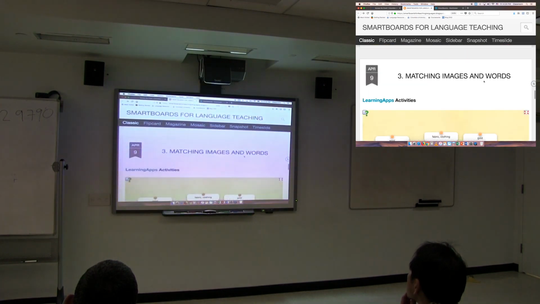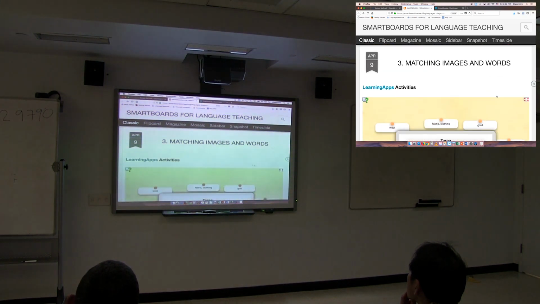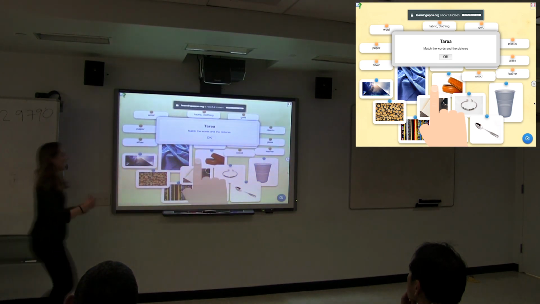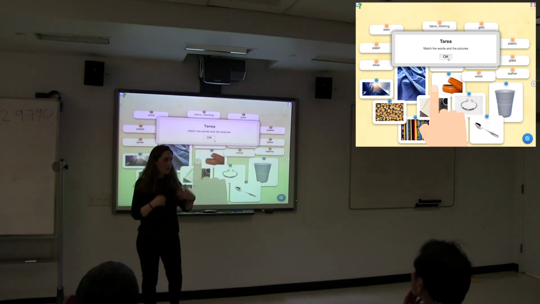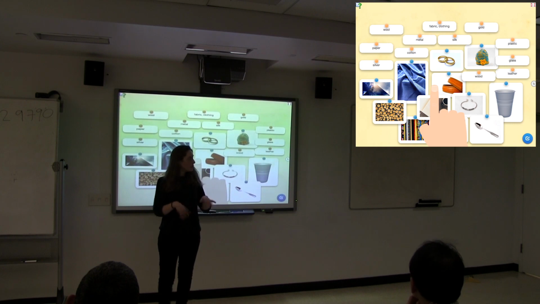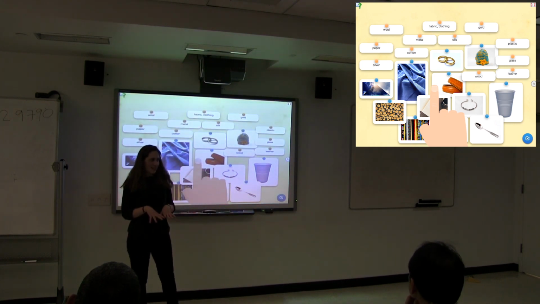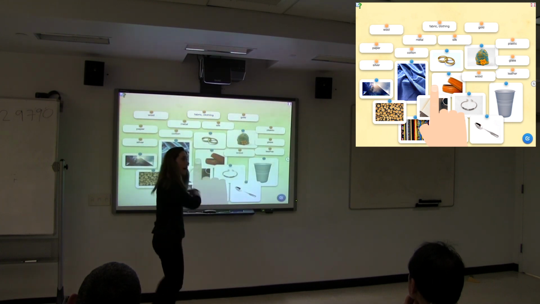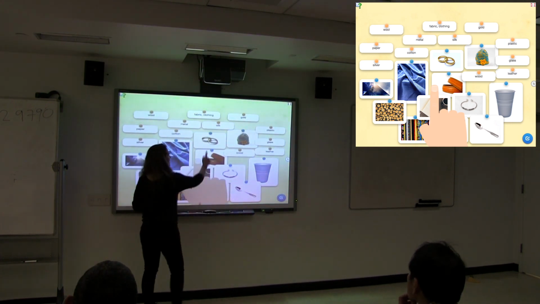And I have another exercise that is matching images and words. Most of you know it. The students have to work individually and do this exercise. And then when you finish, come here and everybody has to match the images.